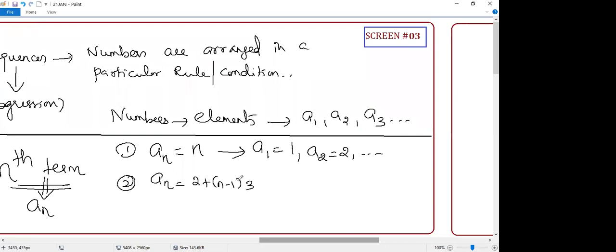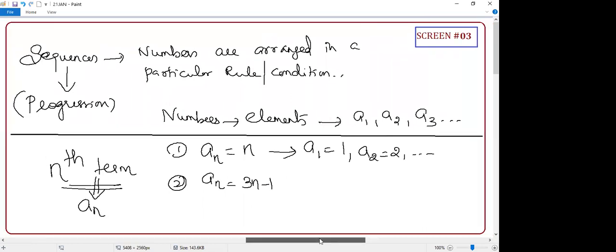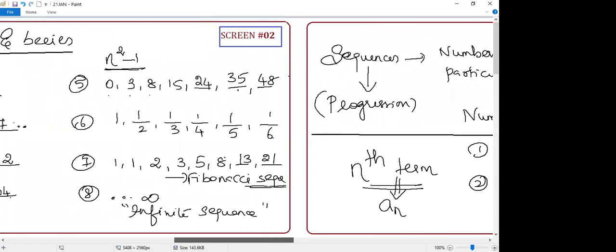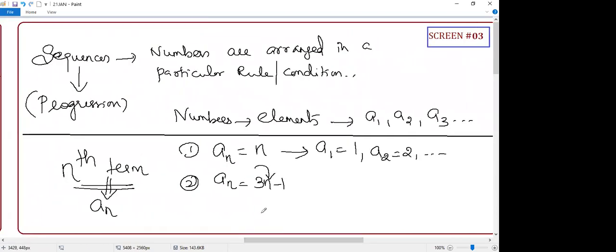So basically 3 minus 3, I'll write 3n minus 1. Guys, apply this rule. Will it work or not? Check it. What is your n first? You will substitute 1 now. Correct or not? Substitute 1. What will happen?